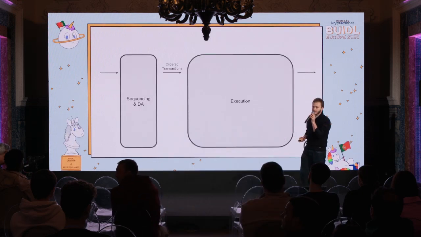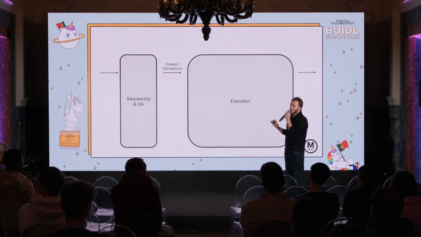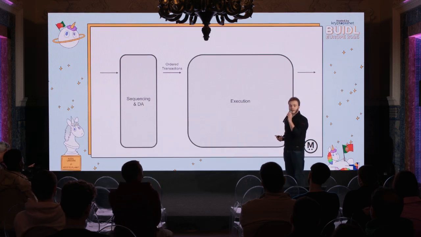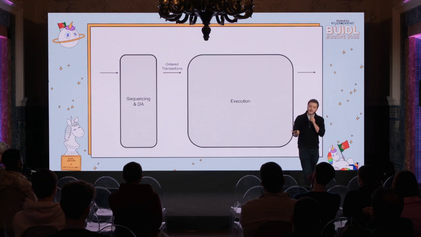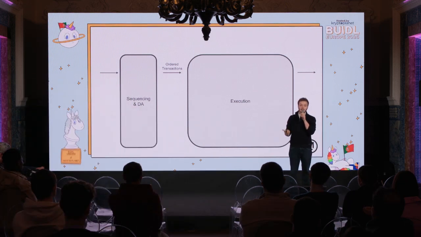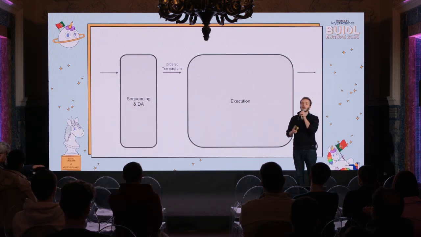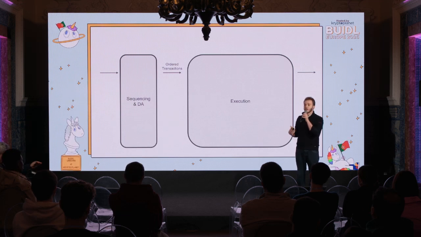What goes into block time latency? So you have sequencing and DA, which includes any time wasted just waiting to be packaged, and then you have actual execution. Conventionally, sequencing and DA are done by a consensus algorithm. Now, let's say no time is wasted waiting for it to be packaged. You're still at a minimum going to wait for 2 messages to go around the world, which is inherently slow.